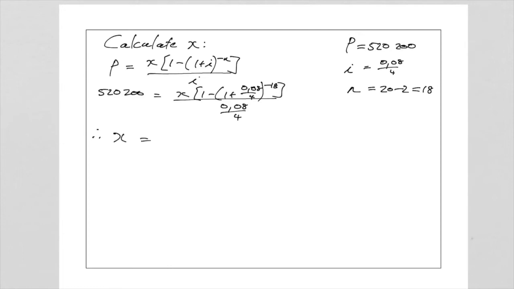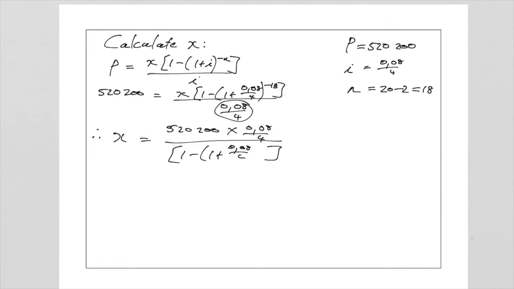We say that X is equal to that 520,200. We multiply that with this denominator, 0.08 over 4, and we divide with that whole bracket above the line, which is 1 minus (1 plus 0.08 over 4) with the exponent minus 18.